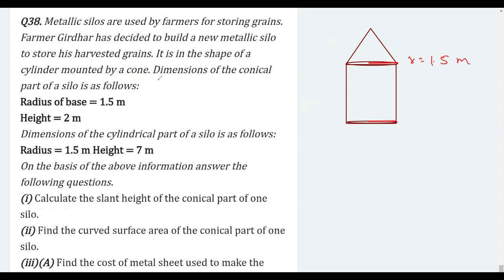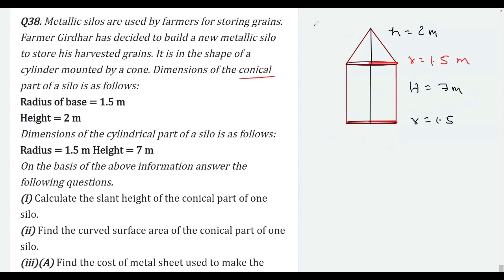This is the conical part, right? For the conical part, the height is this. And this height of the cylindrical portion, I'm using H to denote it, and this is 2 meter. Further, these are the dimensions for the cylindrical portion. Radius of the base is the same, 1.5. And the height here, I'm using capital H to denote this height. So I'll write capital H is equal to 7 meter.